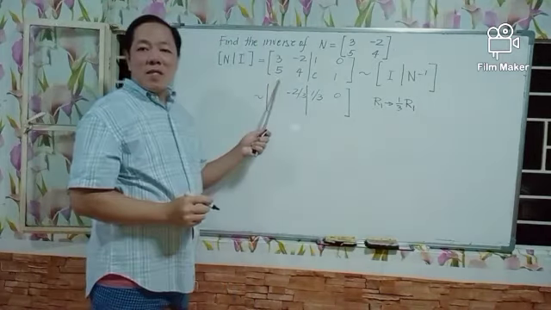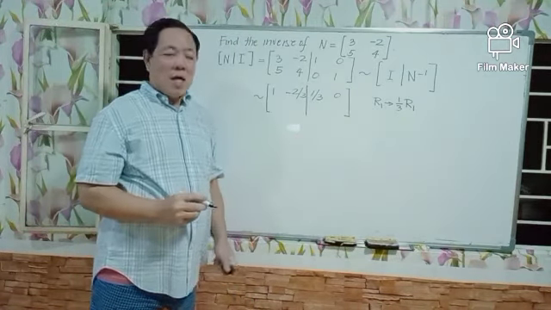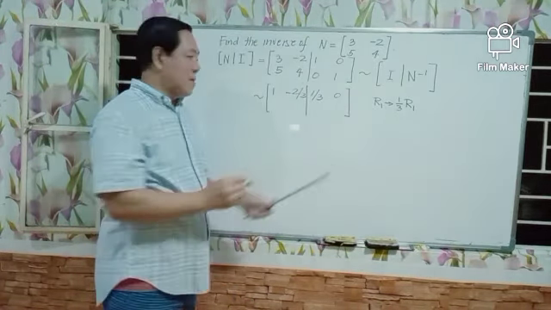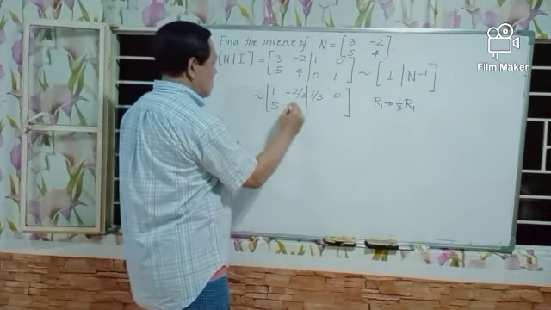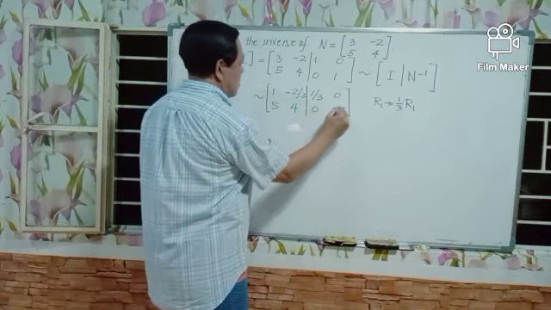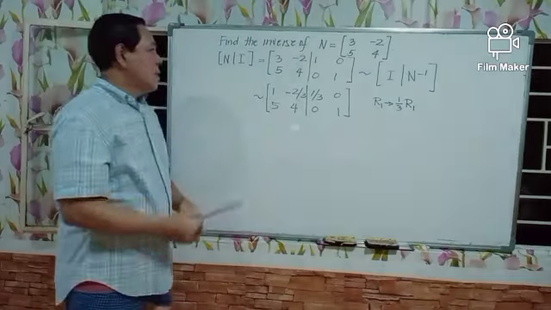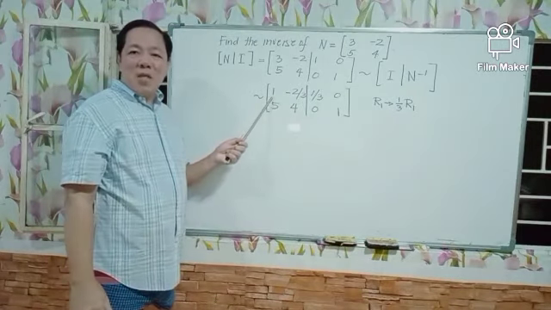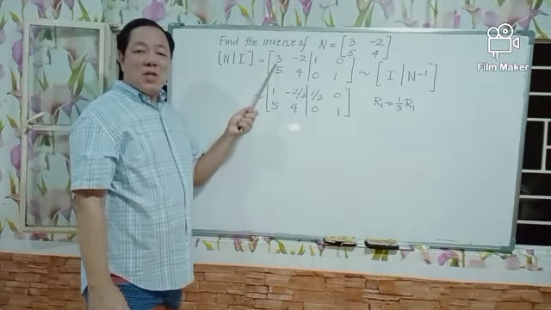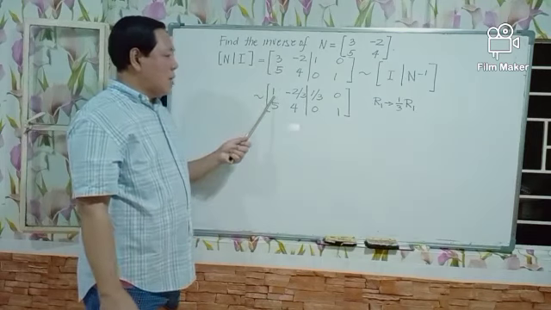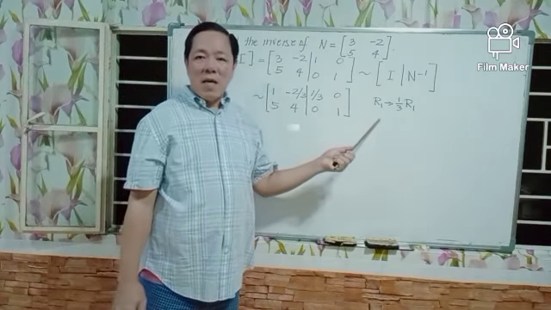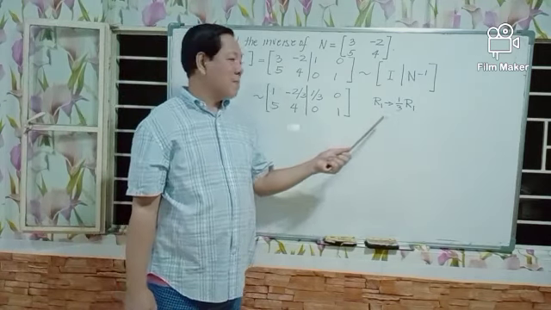The entries of the second row are the same, 5, 4, 0, 1. Now we have changed the original entry 3 into 1 by using this second elementary row operation.